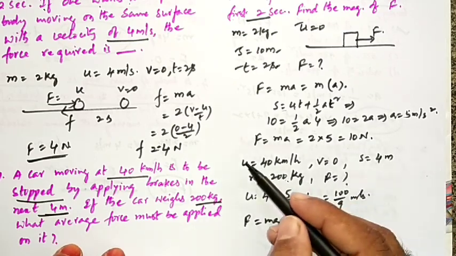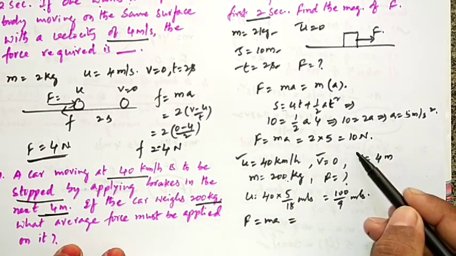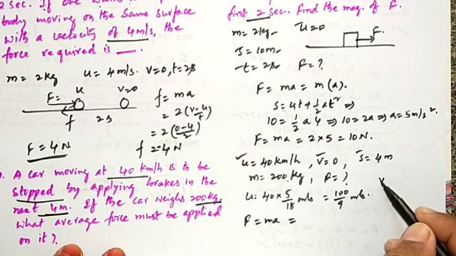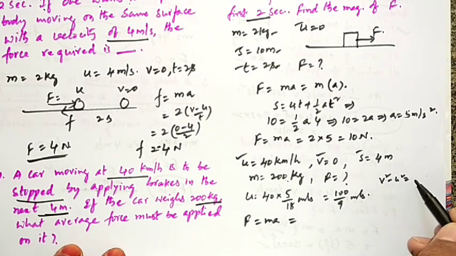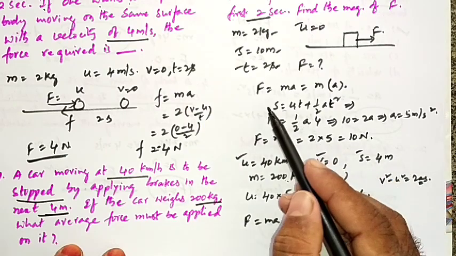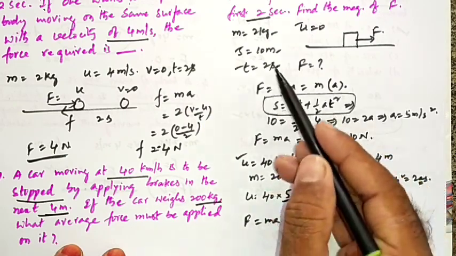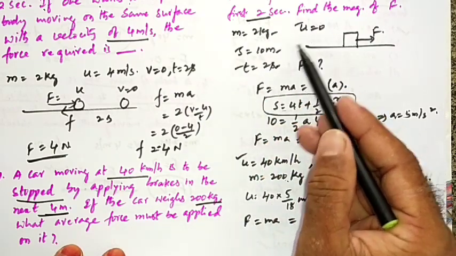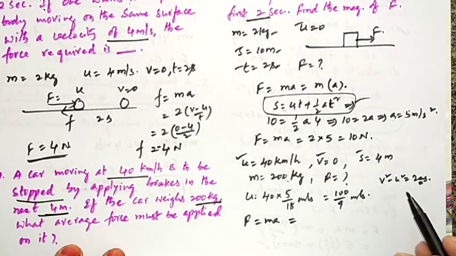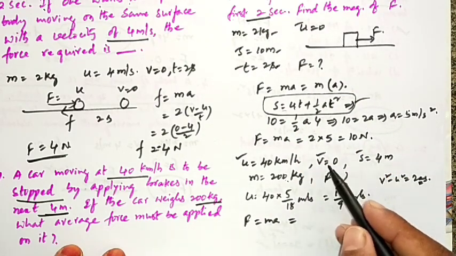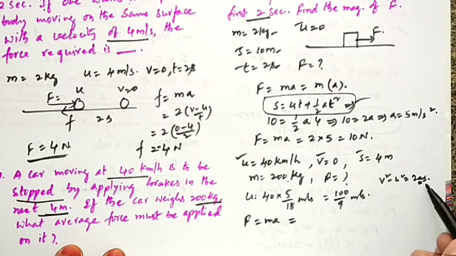I have u, v, s. So what is the formula? v square minus u square is equal to 2as to calculate a. In the previous case we used s is equal to ut plus half at square because I had the data s, u, t. Based on the data we choose the formula. Here I have v, u, s, so I choose this formula to calculate a.